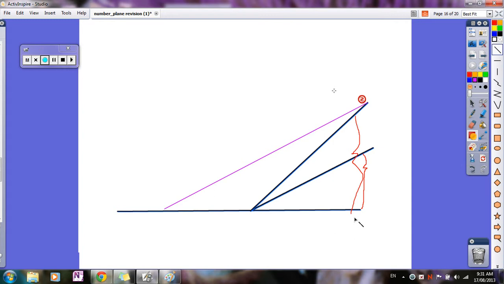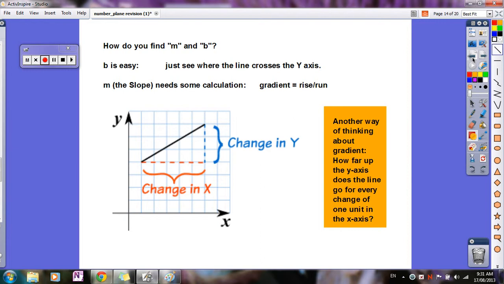So I need to somehow take into account the distance across that it goes as well as the distance up that it goes. So that's where we come up with this formula of rise over run. Let's go back to that very nice drawing there. I need to measure how far up it goes and how far across it goes. So I look at the rise, but I also divide it by how far across it's gone. And that gives me an indication of how steep it is.